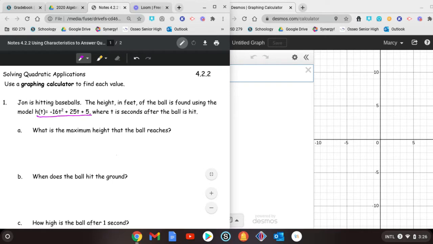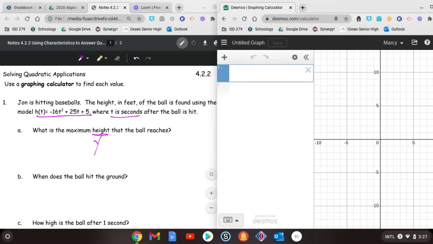So there's your equation, where T is the seconds after the ball is hit. That's important: T is seconds. H of T is height. What is the maximum height? What they're asking for is the Y value that the ball reaches.